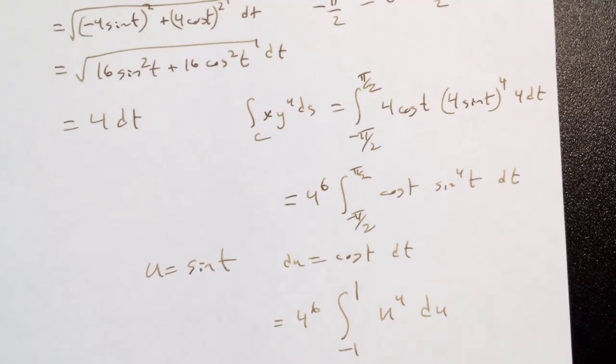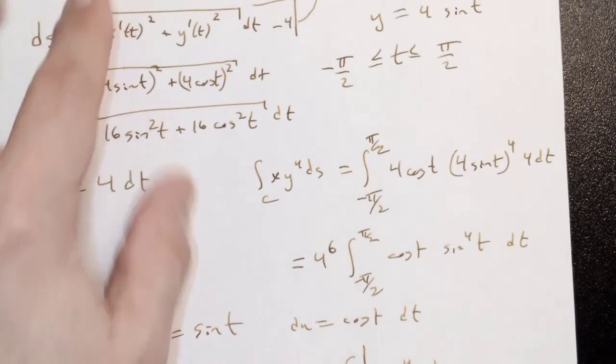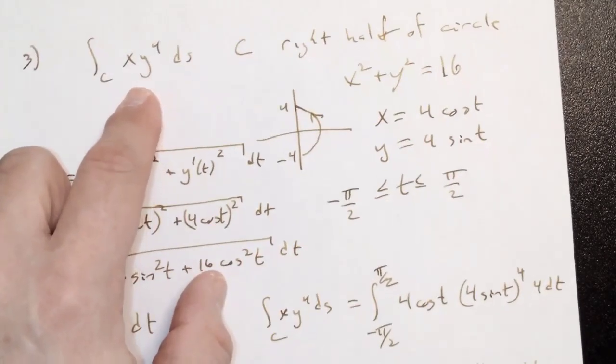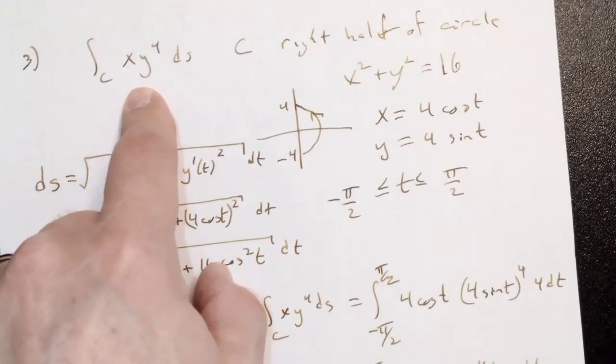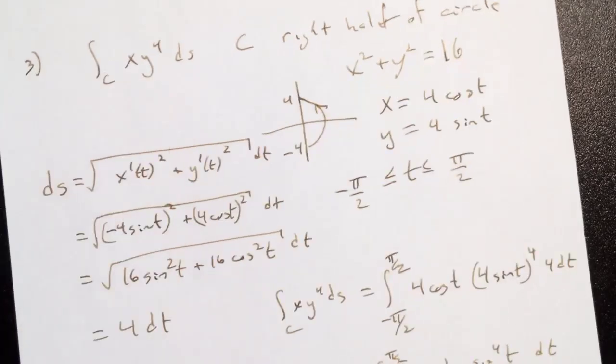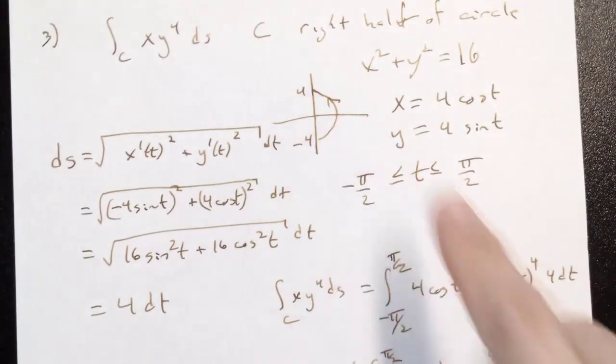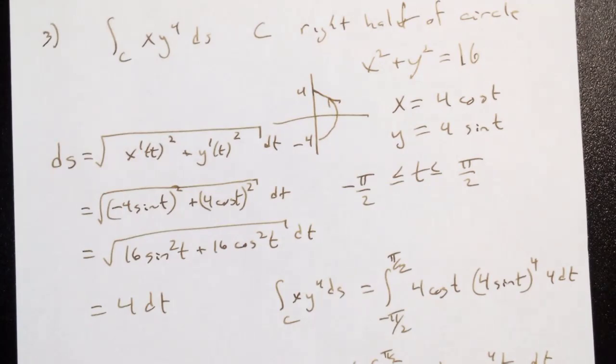So again, I don't know what this vector field, what this function x, y to the 4th looks like. But it's going to get pretty big as y gets bigger, right? So as we go along this circle, we're going a long way. y to the fourth is going to be a really positive big number, isn't it? So we've got a lot of area under this curve as we go around this circle.